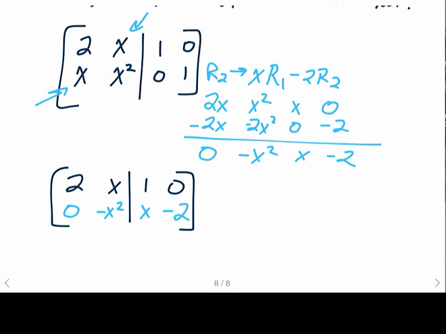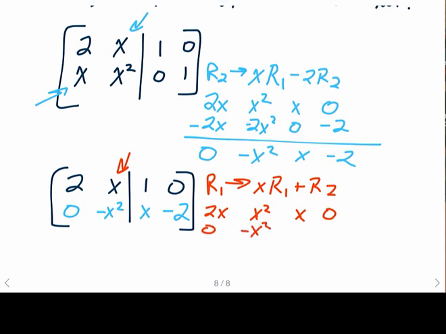In the first row where there's an x, I want a 0. And so it seems to me that if I take row 1 and multiply it by x, and then add to it row 2, we're going to annihilate that x, and we're going to get a 0. So we're going to replace row 1 by 2x, x squared, x, and 0, added to 0, negative x squared, x, and negative 2.